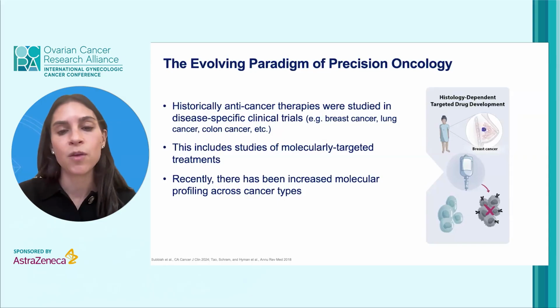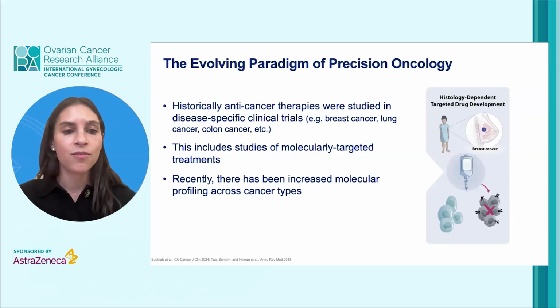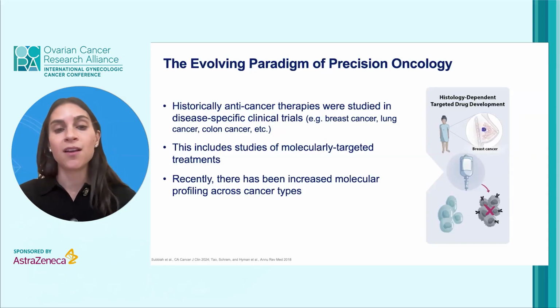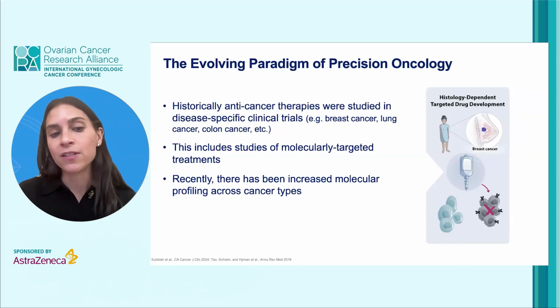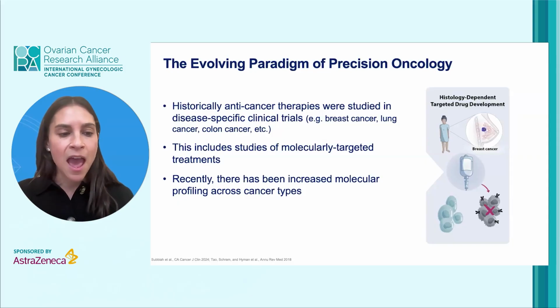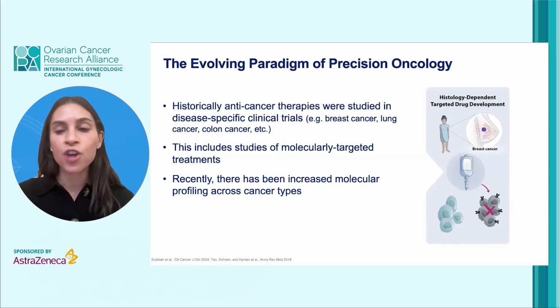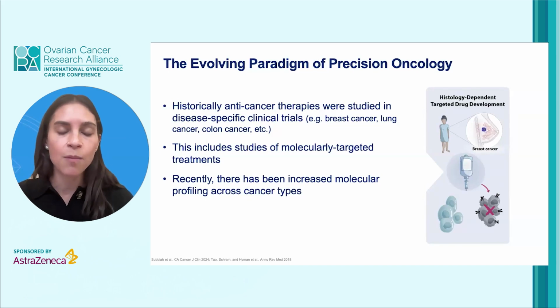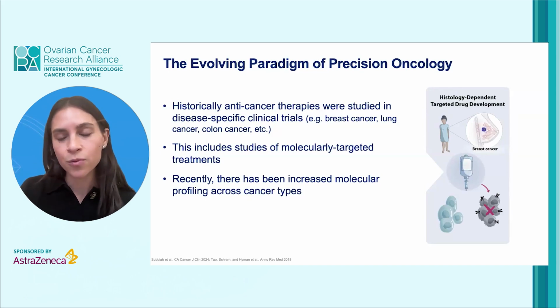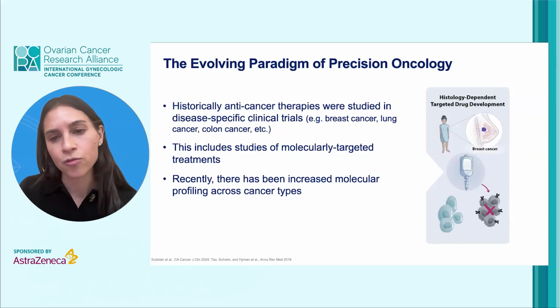So if you want to test a treatment that's targeting the folate receptor, for example, you might study it in ovarian cancer specifically. But recently, there's been increasing molecular profiling across cancer types, and we've come to realize that there are some shared molecular alterations that are prevalent not just in one or two or three disease types, but can actually be found across different cancer types. And this has really changed the way that we think about drug development.